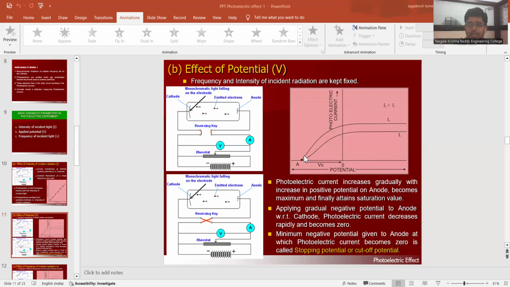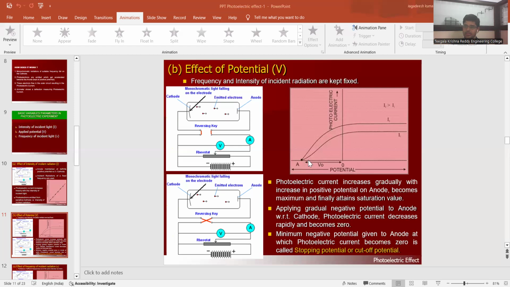The stopping potential is independent of the intensity of the radiation, but the saturation current is directly proportional to the intensity of the incident radiation. The higher the intensity, the more the saturation current increases.